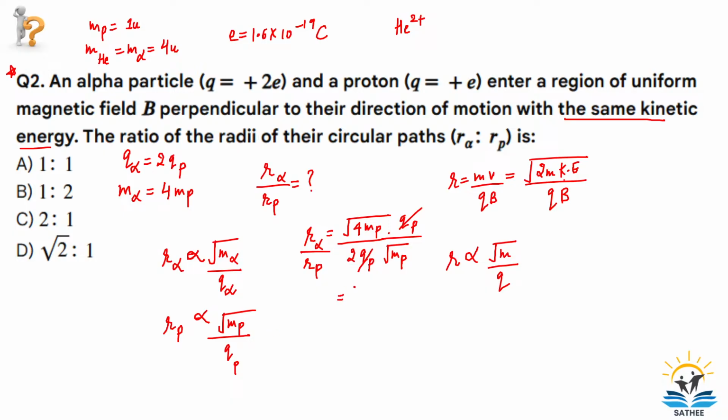And what will we get? Root 4 is 2, so 2 and 2 will cancel out, and root mp will cancel out. So 1 by 1, that is 1:1. Very good. Those who have written A.